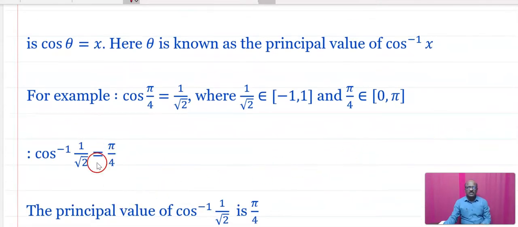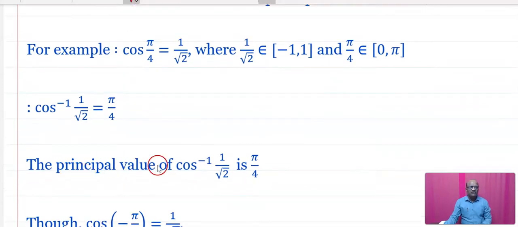Next, for example, we know that cos of pi by 4 is 1 by root 2. Again, this 1 by root 2 belongs to the closed interval minus 1 to plus 1, and also pi by 4 belongs to 0 to pi. So cos inverse of 1 by root 2 is equal to pi by 4. The principal value of cos inverse of 1 by root 2 is pi by 4.